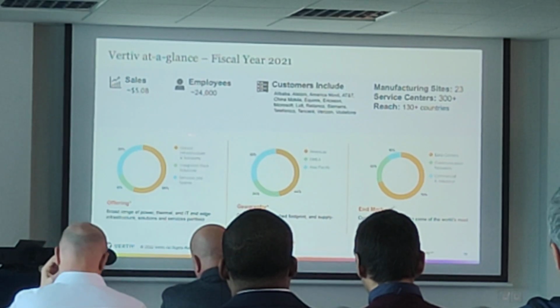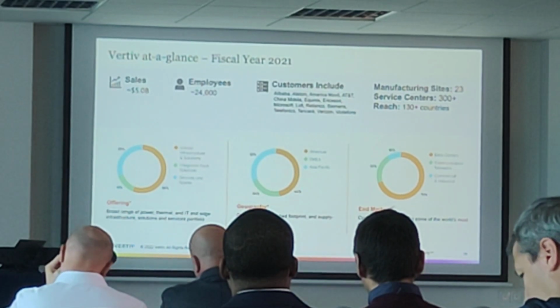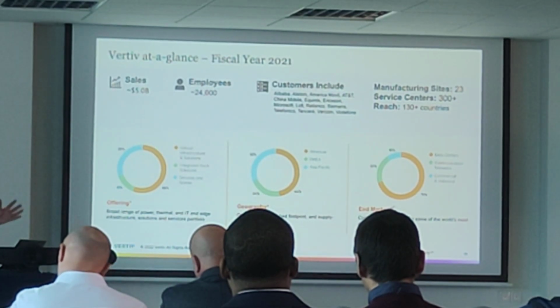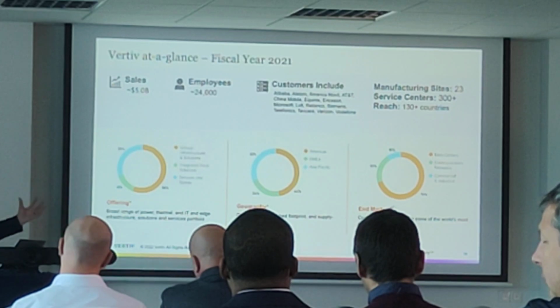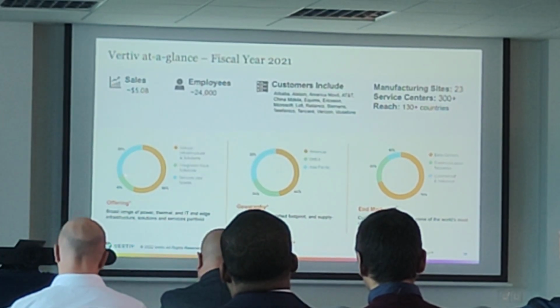So we are active in the critical infrastructure and solution. More than 50% of the business is going there: data scalers, large cloud providers, and so on. Then we are active in services and spares, about 1/3 of the business, and also integrated rack solutions.